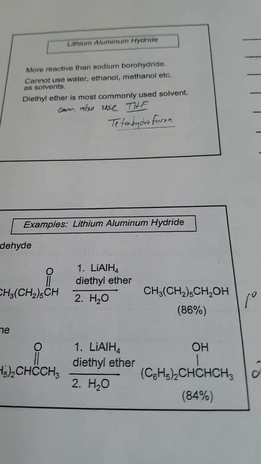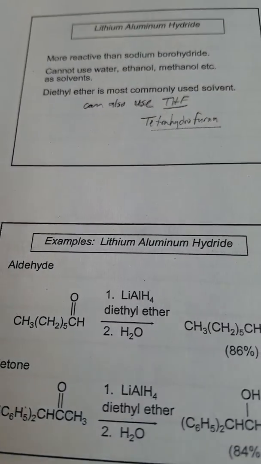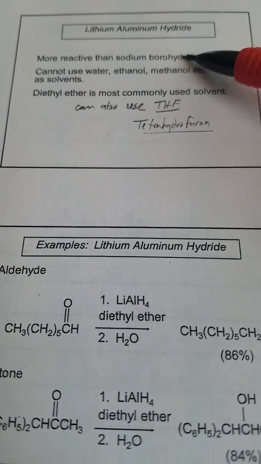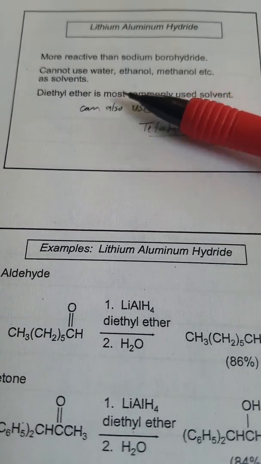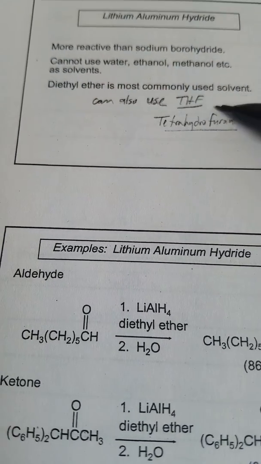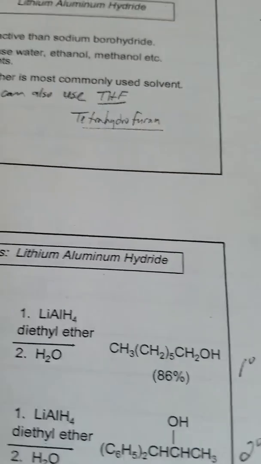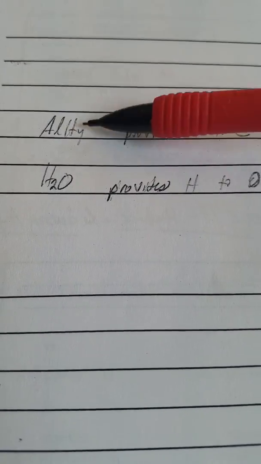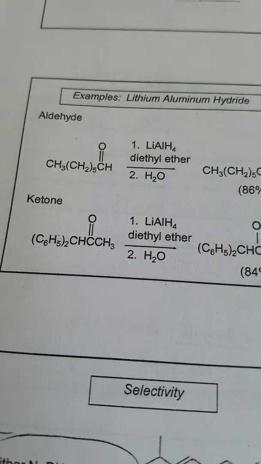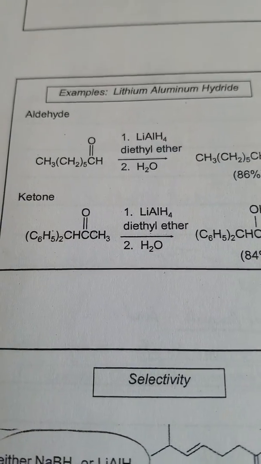If we look at using the lithium aluminum hydride, just remember that it is more reactive than the sodium borohydride, so we can't use water initially because it will react violently with it, so we have to do a 2-step process. So its solvent is going to be diethyl ether or the tetrahydrofuran. The aluminum hydride ion is going to provide the hydrogen that goes to the carbonyl carbon. The water is going to provide the hydrogen that goes to the OH group, just like the alcohol did for the sodium borohydride one.